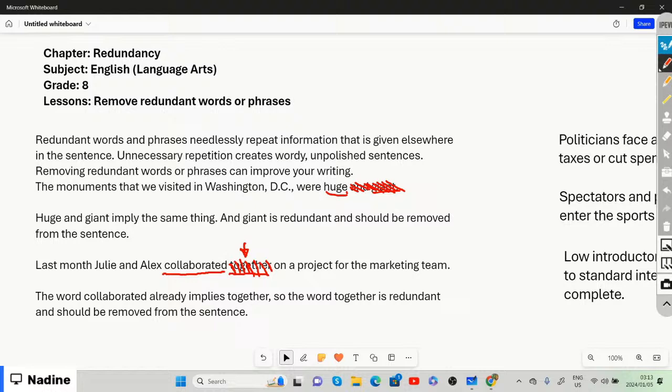So the word together is redundant, and it needs to be removed from the sentence because it is an unnecessary repetition. It just creates a wordy and unpolished sentence.